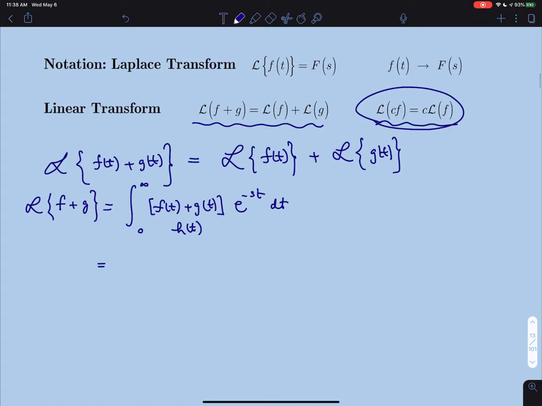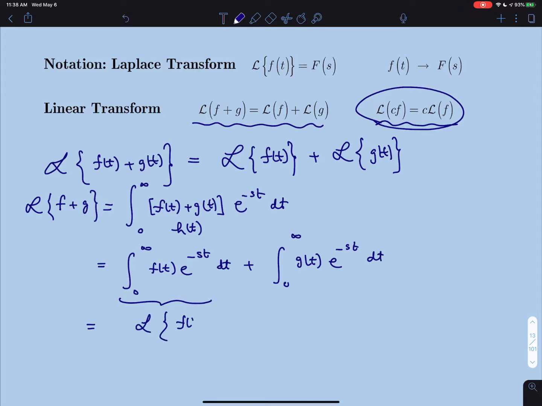Now, I do know that integration is a linear operator for sure because I've already proven it. So I could write this as the integral from 0 to infinity of f of t e to the minus st dt, and I could separate it, plus the integral from 0 to infinity of g of t e to the minus st dt. And if you notice, oh my God, this is the very definition of Laplace transform of f of t. And oh my God, again, this is the very definition of Laplace transform of g of t.